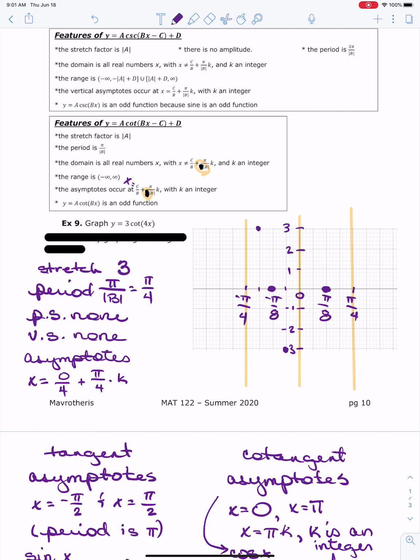I'm going to go up 3 to the left because we are accounting for our stretch factor. I'm going to make that dot bigger because I missed it. And this is what our cotangent graph looks like. And that is it for these notes.